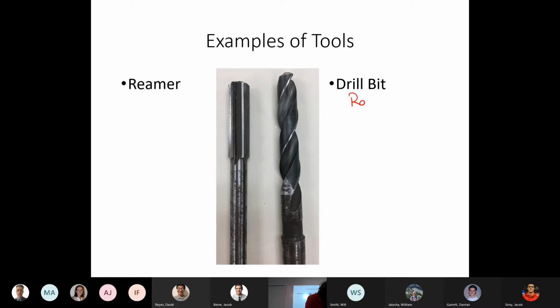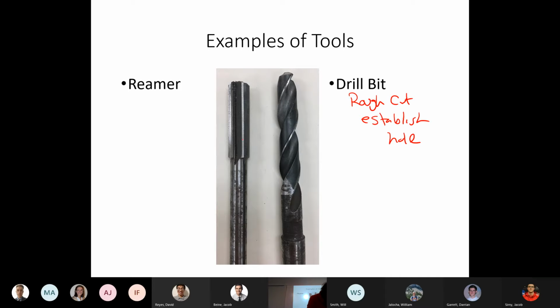This is often more of a rough cut. We establish the hole, and then the reamer. Both of these are actually a 1/2-inch tool. It looks like the drill bit is larger, but they are both for a 1/2-inch tool.